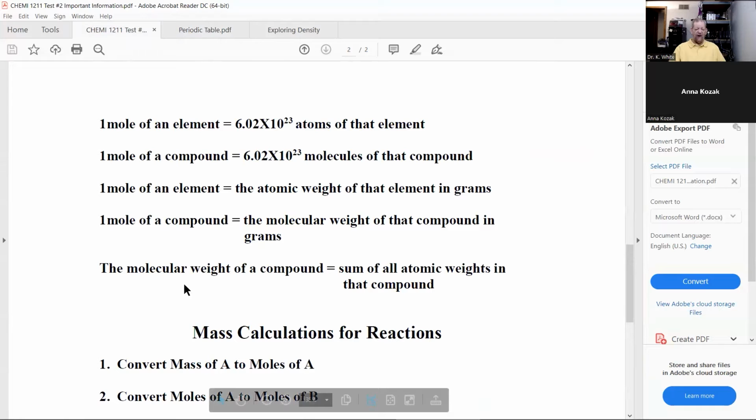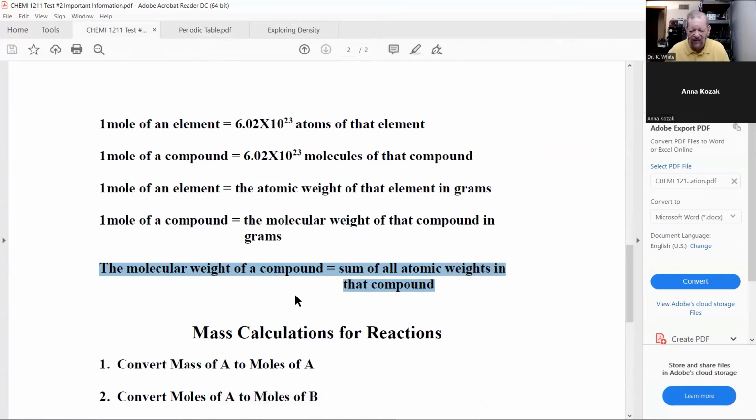If you notice right here, I have the molecular weight of a compound is the sum of all atomic weights. As I said at the beginning of the semester, I have cut down on your memorization. You still have to know how to use this, but you don't have to memorize it unless you want to, because I'll give it to you.